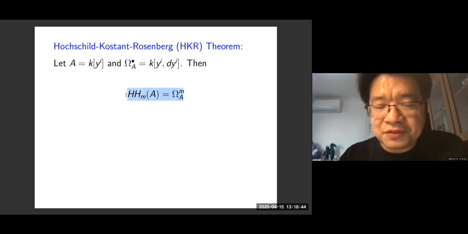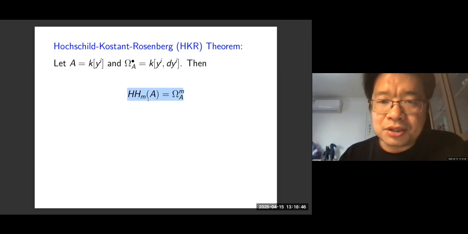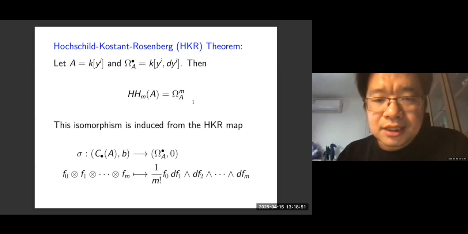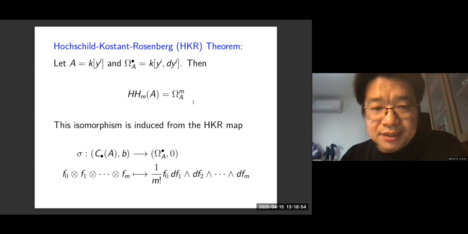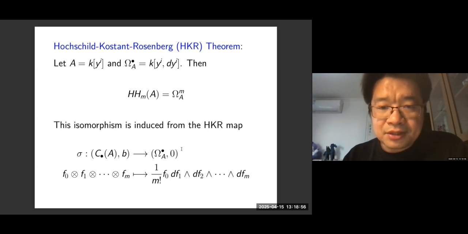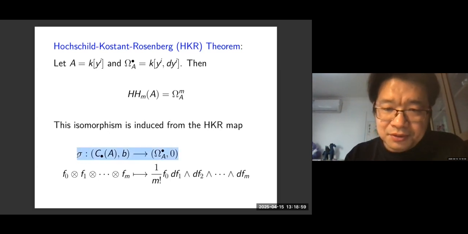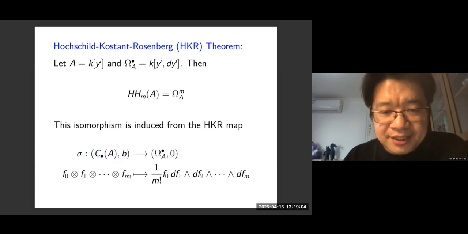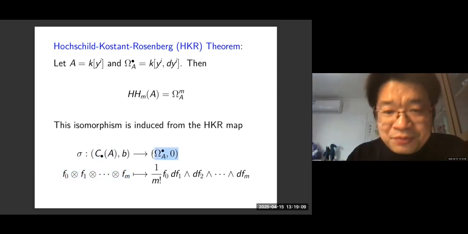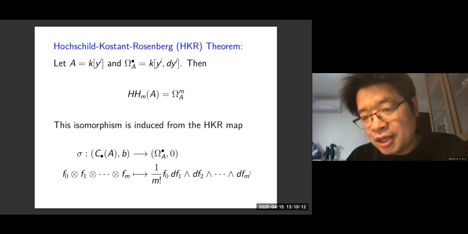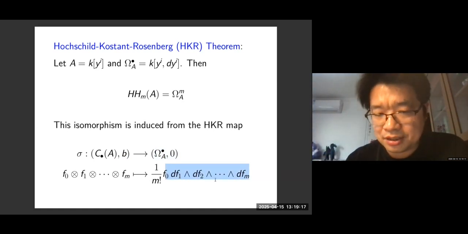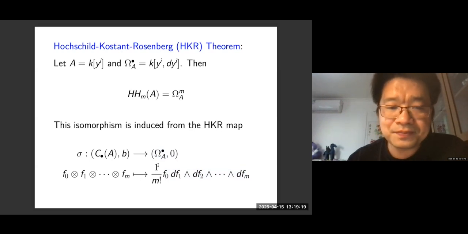From here, you can feel that Hochschild homology plays the role of differential forms. And how is this precisely related? This isomorphism arises from the following map, which we call the HKR map, which sends a Hochschild chain, a bunch of tensors, to a differential form. This is the most naive way you can cook up a differential form out of functions: f0 df1 df2, etc., with some normalization.